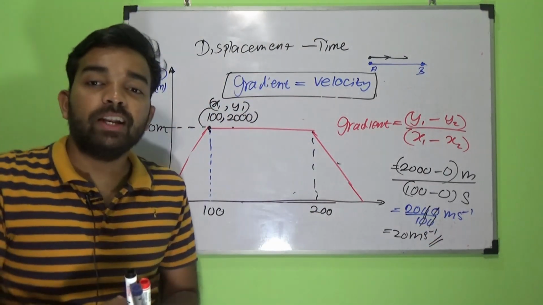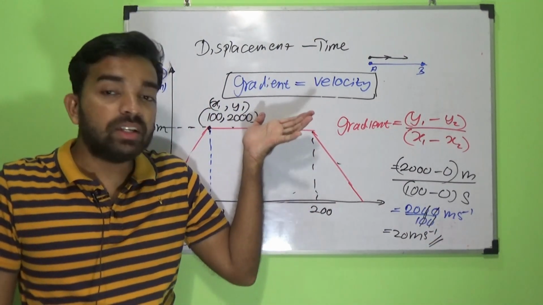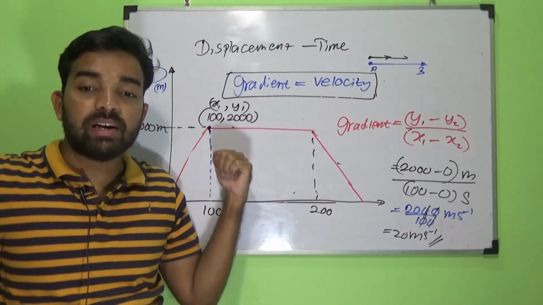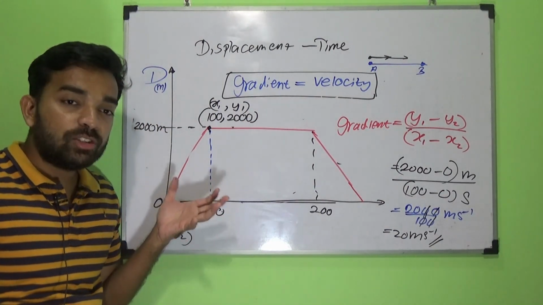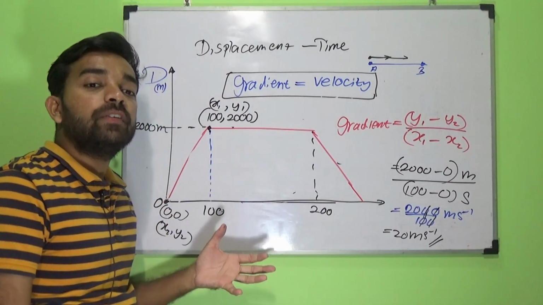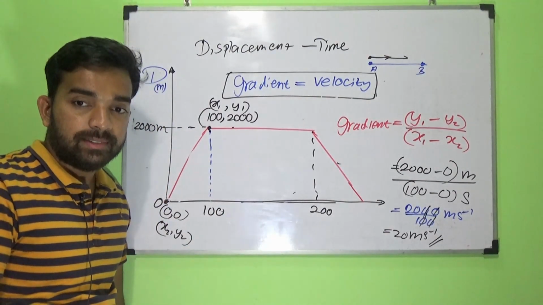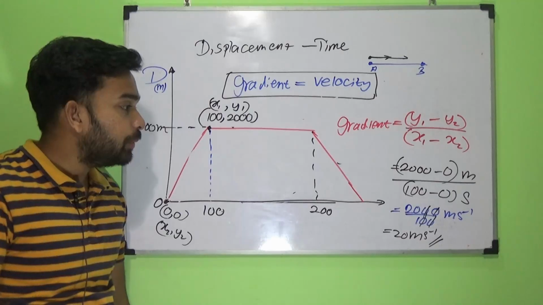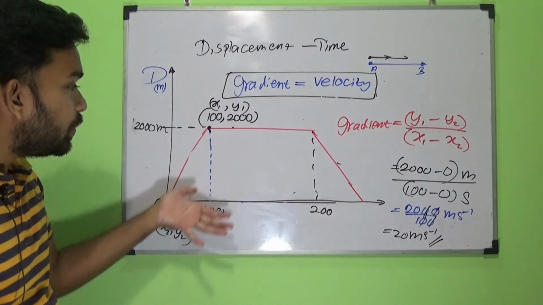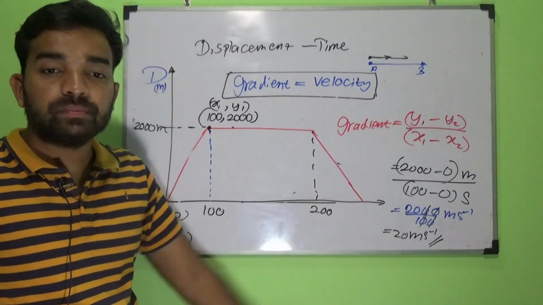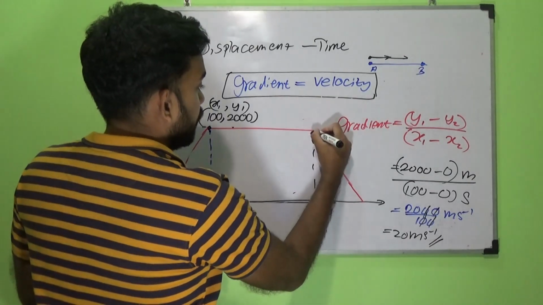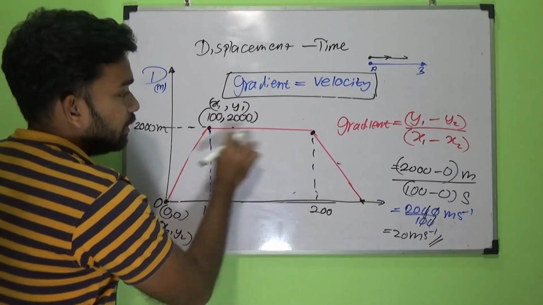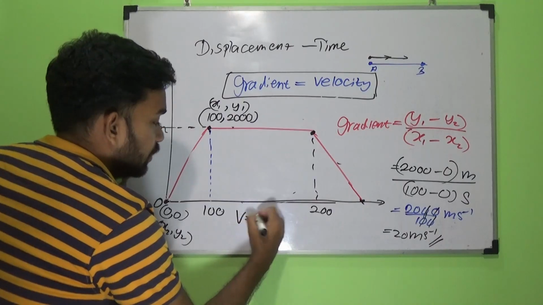So the velocity of this person is 20 meters per second. The person has traveled at a velocity of 20 meters per second. I hope you understand. Now I can prove to you that velocity equals gradient.